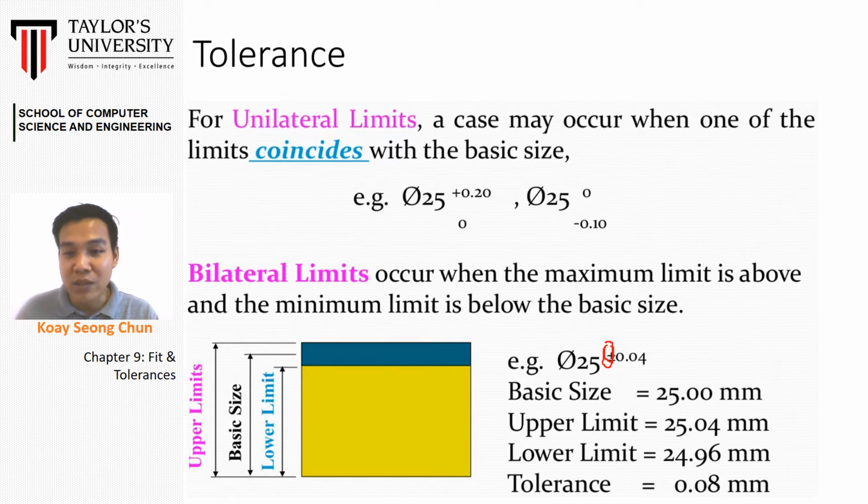Okay, what does it mean? Let's say I design a shaft with the size of 25, so my upper limit will be 25.04 and my lower limit will be 24.96, and then my tolerance will be the difference between these two values.